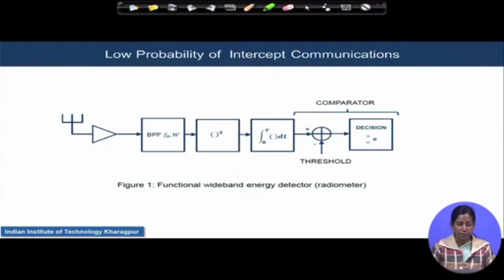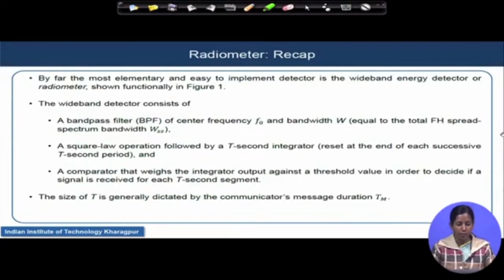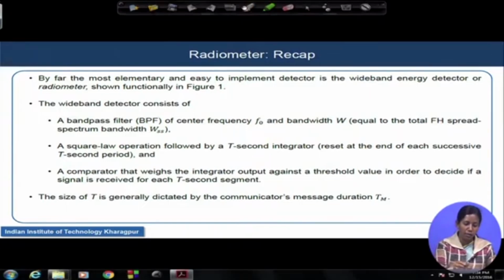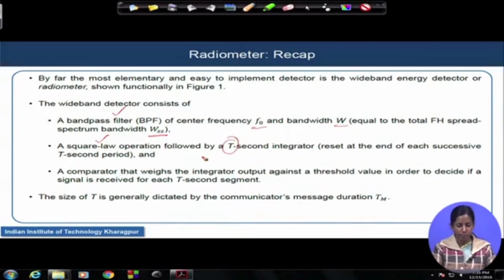So, that was the typical architecture of the radiometer, consisting of three main components. A band pass filter has center frequency f0 and bandwidth W, and this W is equal to the total frequency hopped spread spectrum bandwidth, WSS. A square law detector block is followed by a T second integrator.